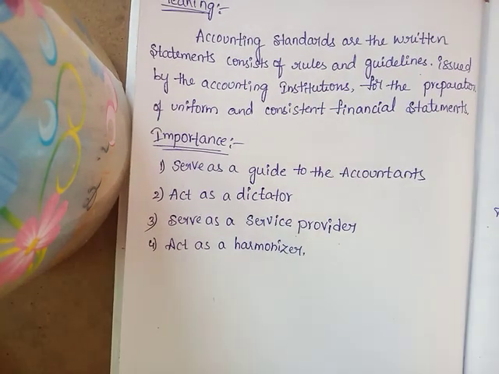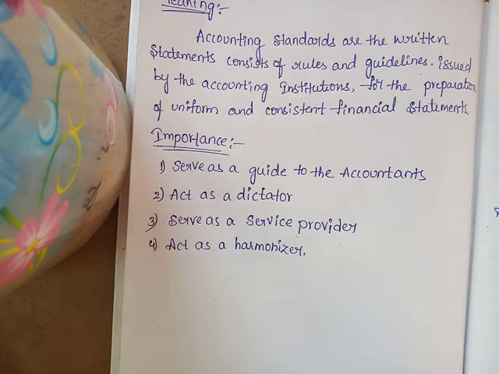Under this, while preparing the balance sheet, we have two proformas, that is vertical and horizontal. Depending upon these two proformas, we will prepare the balance sheet. So under act as a dictator, sometimes the accountant has no choice of their own, so an accountant has to follow whatever the companies tell. Depending upon this, an accountant prepares the statements in the format prescribed by the accounting standards.